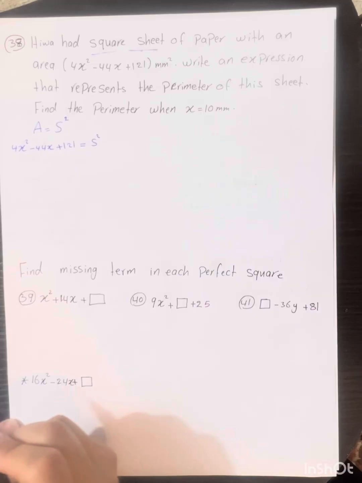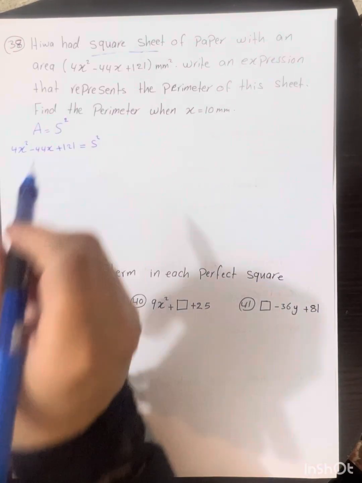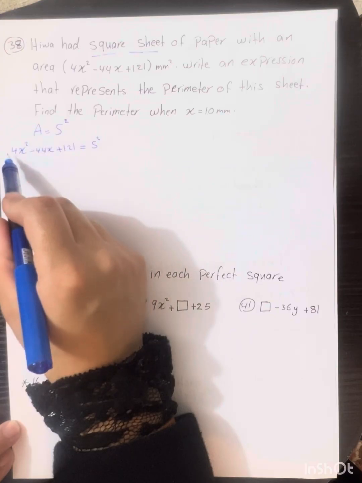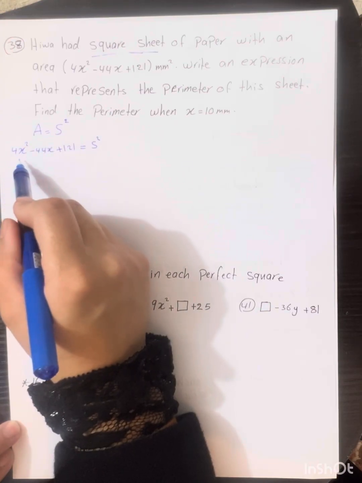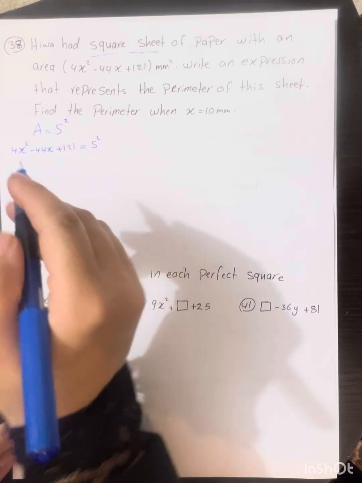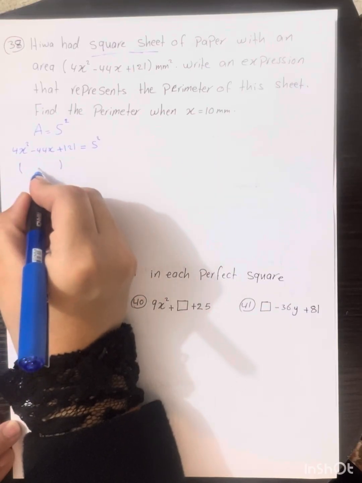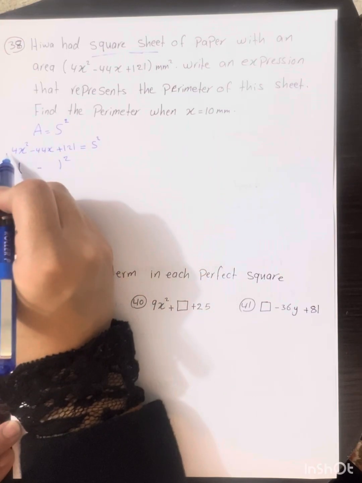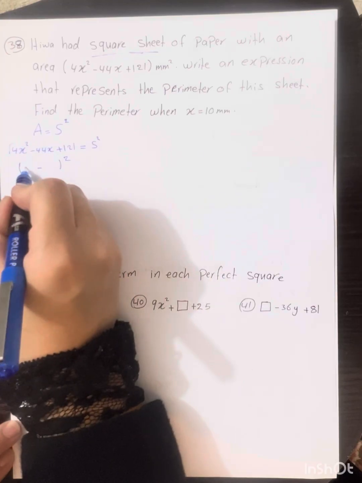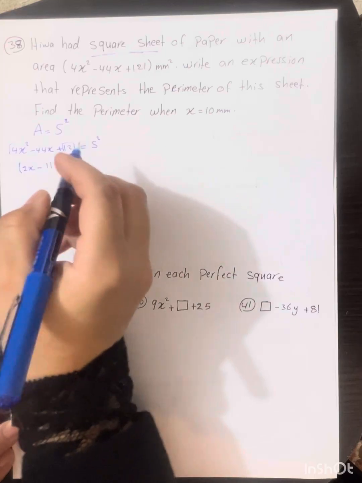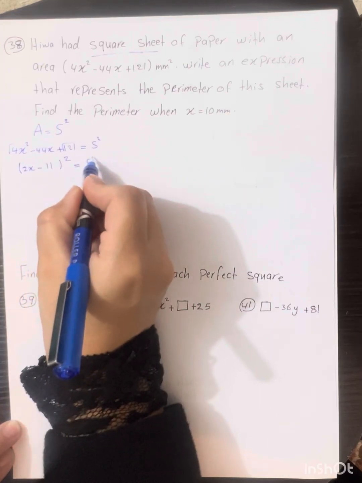As you know, we need to take a square root for both sides to cancel the square, but we can't take a square root for the left side, so I will change it to a binomial, then we can take a square root. A bracket, middle sign negative, all power of 2. The square root for the first term will be 2x, the square root for the last term will be 11, then equal to s power of 2.